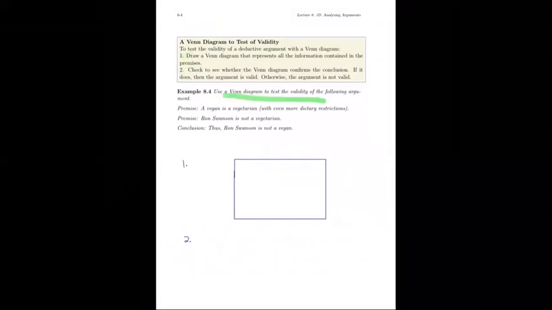Okay, our next Venn diagram, our deductive argument with a Venn diagram. Here are the steps that we used in the previous problem. Let's just run through another one here. We're asked to determine the validity of the following argument and possibly to check the soundness of it. So for our given argument, the first line we have is a vegan is a vegetarian.